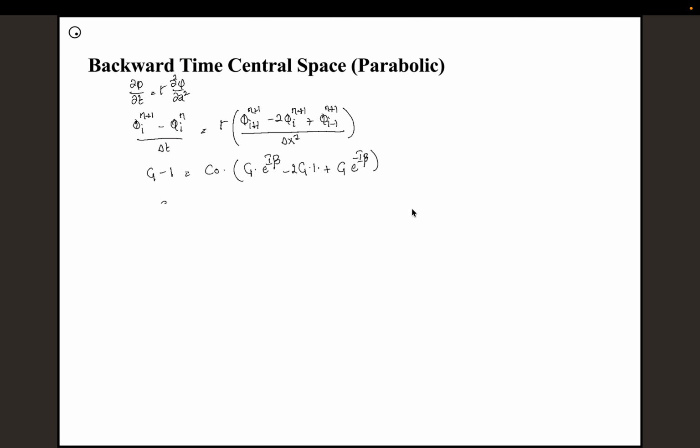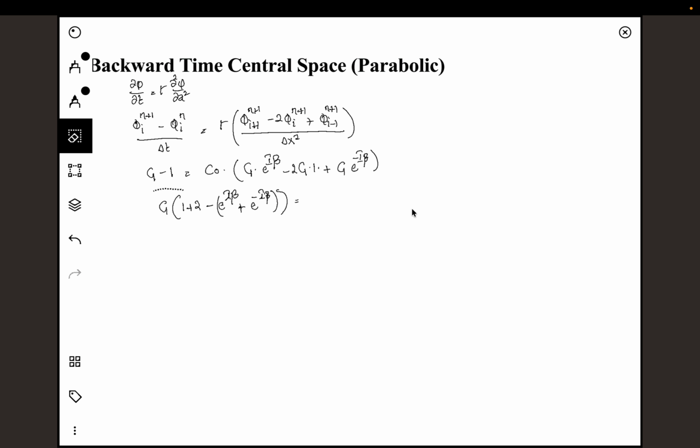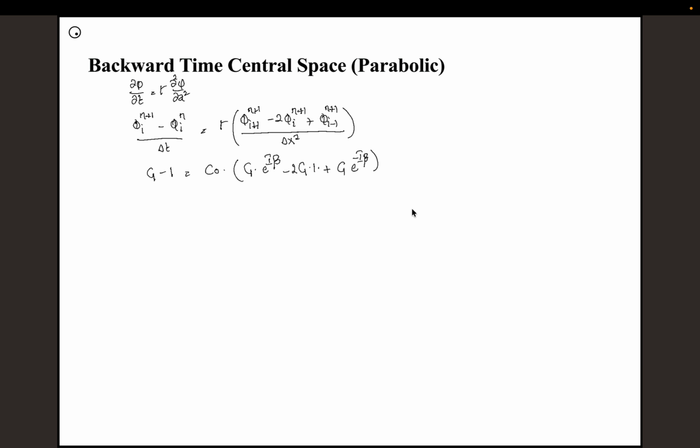If I take terms together, g will be having 1 plus 2 minus, same as before, a 2 times cos beta minus 1.